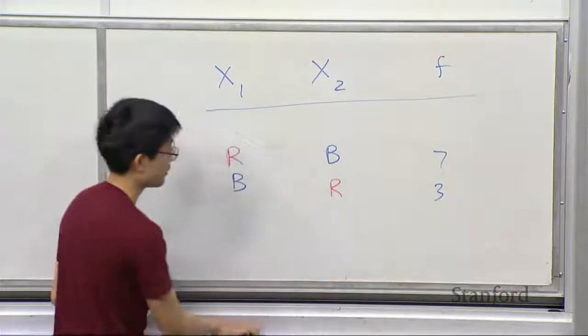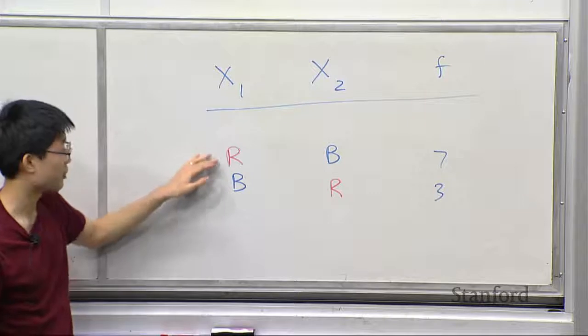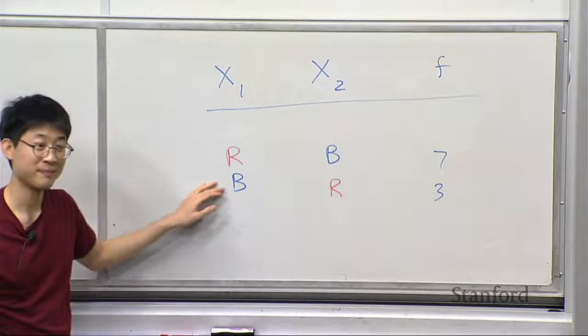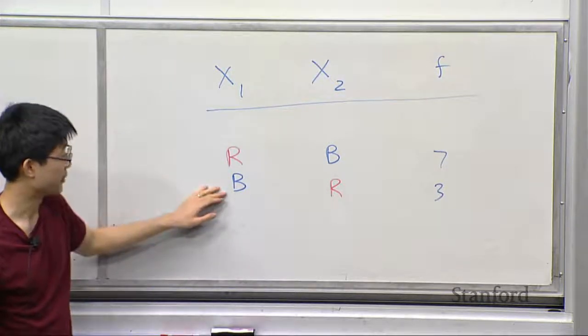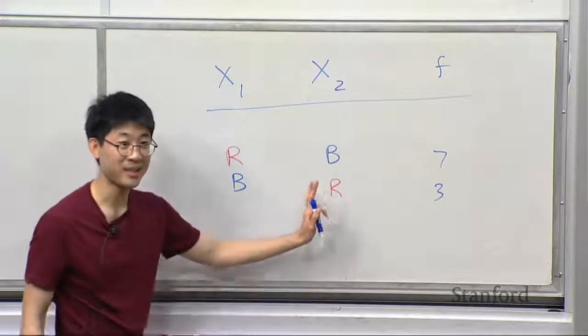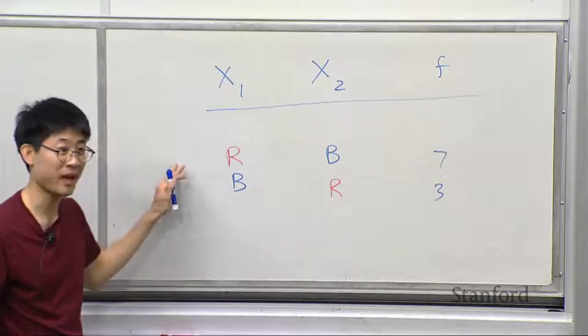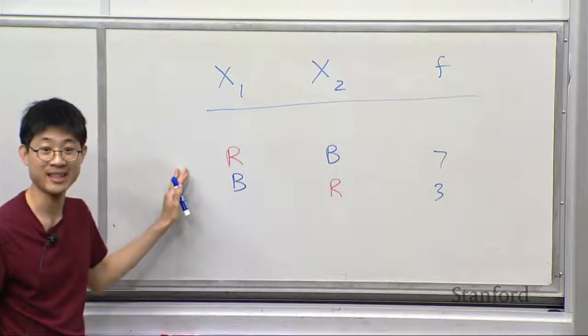All right, so now I only have two rows left, but the two rows cover all the possible values of x1, right? We've got both red and blue. And now I can drop x2. I don't need to think about x2 anymore because I've already optimized x2 for every possible value that x1 could have taken.